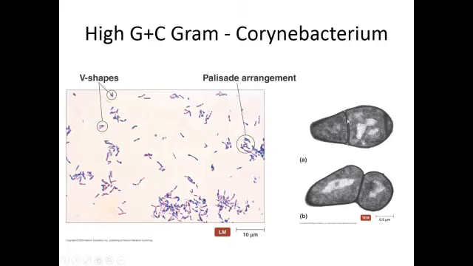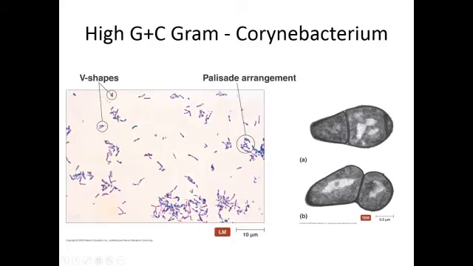It's got a cell wall separating the two daughter cells, but instead of just separating in binary fission, they undergo what's called snapping division, where basically it kind of snaps and a hinge remains so that they're kind of connected by a little strip of cell wall.